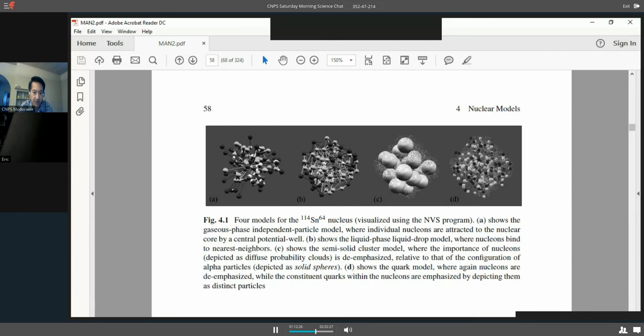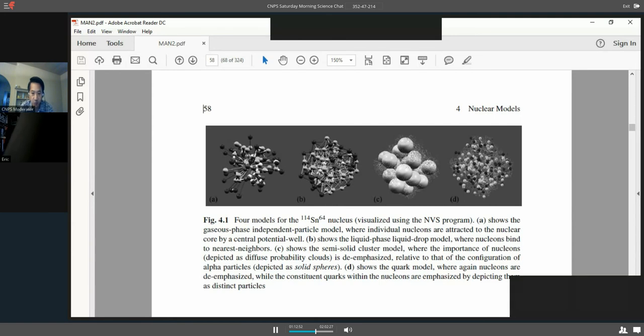And then B, we have the liquid drop model, where every particle is basically associated with just its neighbor. And then C is a semi-solid cluster model. I think that's more like an alpha model, where the important thing is those clusters of 4.